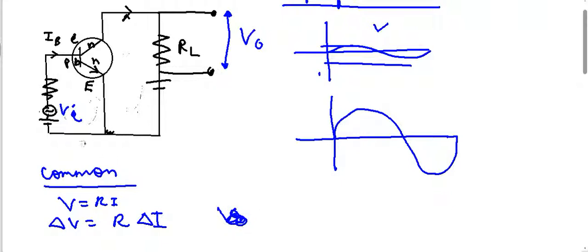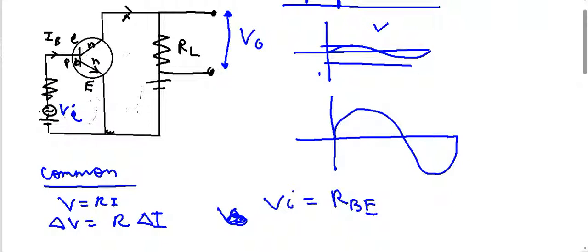So what is the fluctuation in the input voltage? Vi will be equal to the resistance of this transistor, or because this is the base emitter circuit, I can write it as the total resistance of the base and emitter. It might include this resistor.